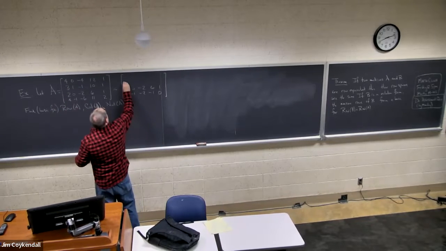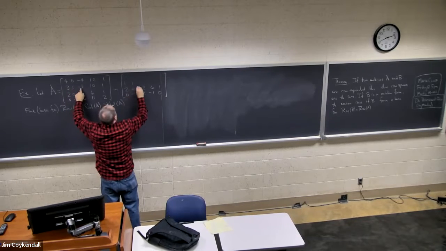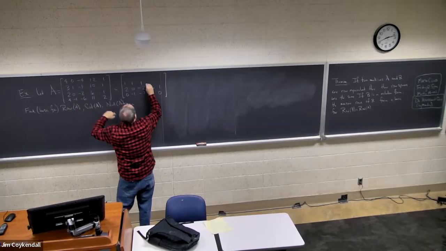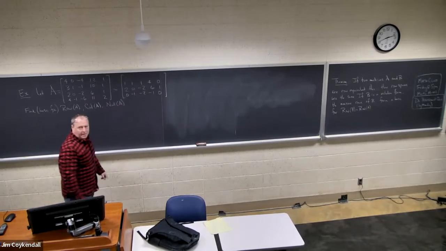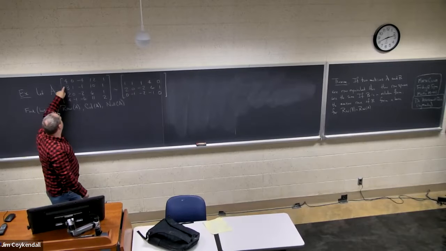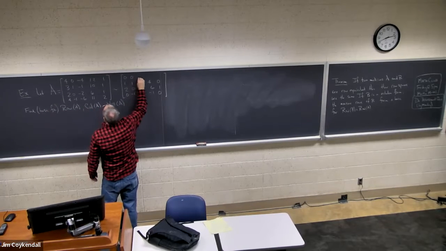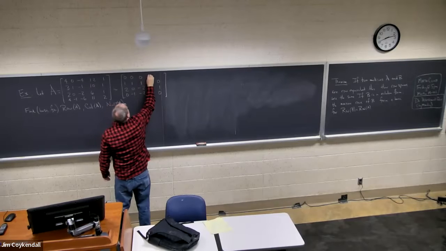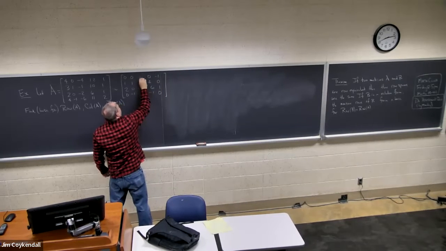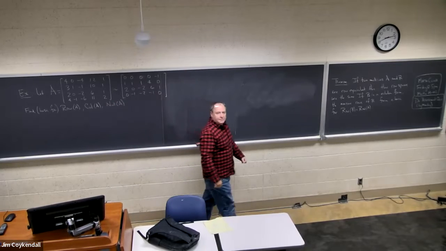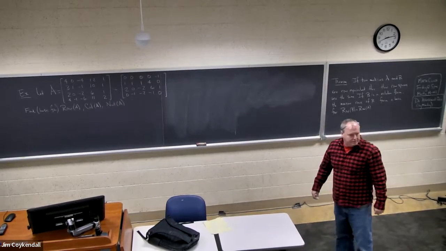I'm taking 1 and add it here, 1 and add it here, 1 and add it here. And I'm going to multiply this by -2 and add it to the top. 0, 0, 0, and 0, -1. Everybody okay? Yes.